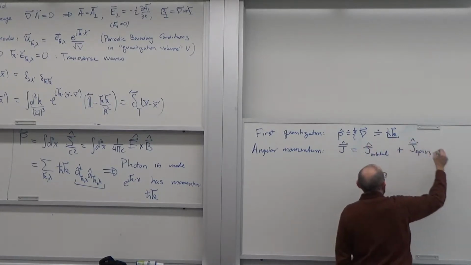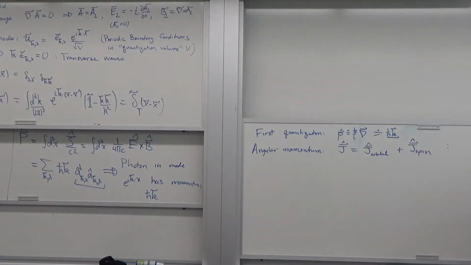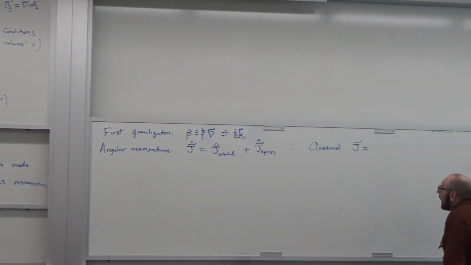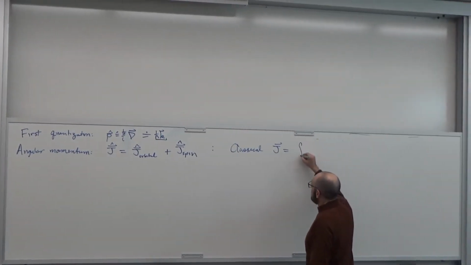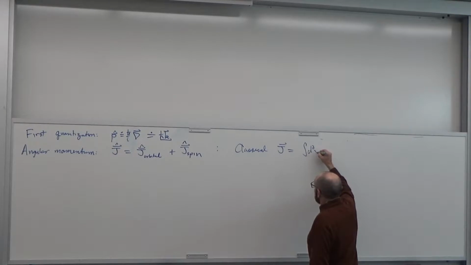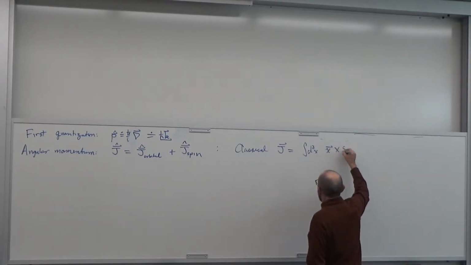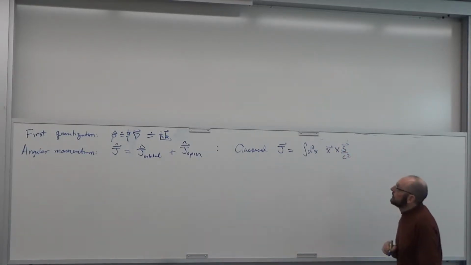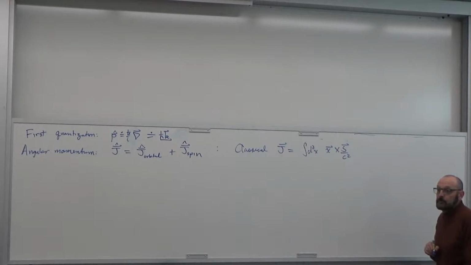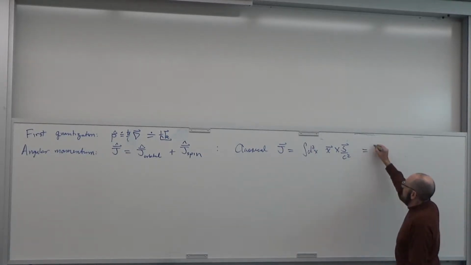Now, classically, the total angular momentum in the field, again, depends on the Poynting vector. It's the cross product of the position with the Poynting vector in units of c squared.